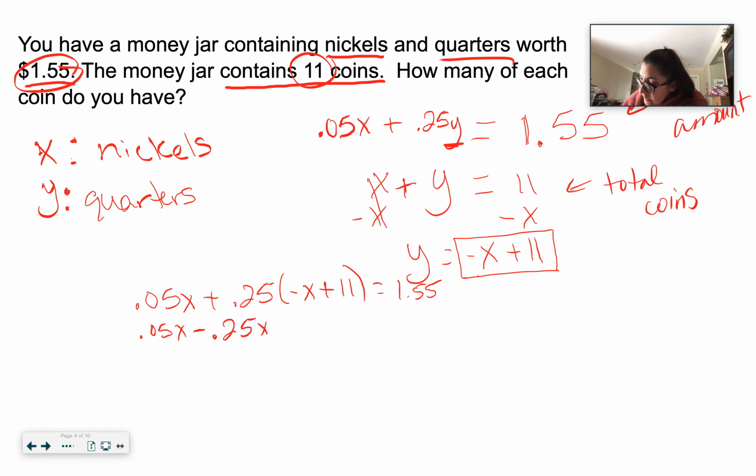And then 0.25 times 11, let me get my calculator, is 2.75. Okay, and so now I'm going to bring my 1.55 down.